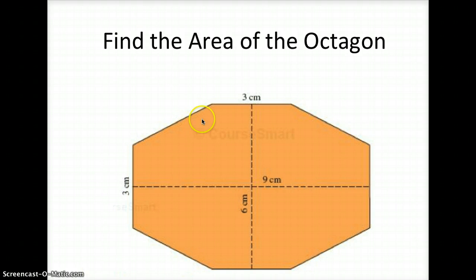In this case, there are a number of different ways that we might approach this problem. One way that we could do this is we could think of this as an entire rectangular figure, something like this. Not the best representation, but it works.